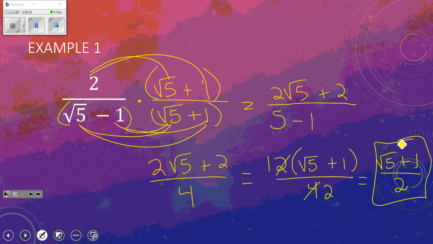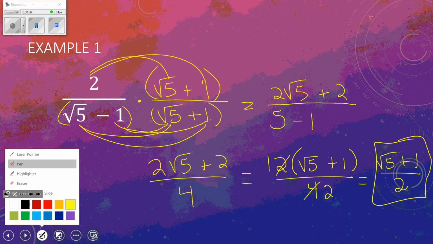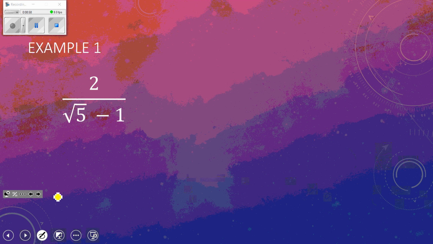Okay? What if, just talking, what if you had 2 times the square root of 5 plus 7 over 4. Could you simplify and make that a 1 and make that a 2 and make it square root of 5 plus 7 over 2? Why not?